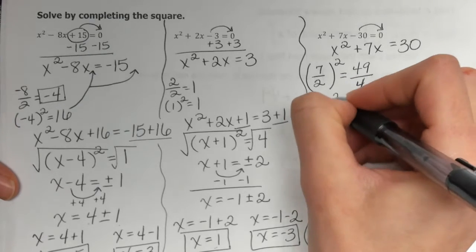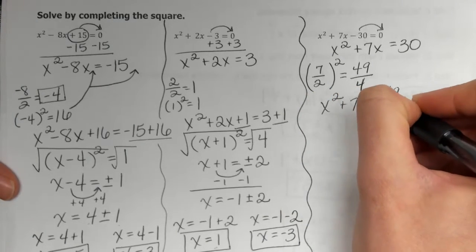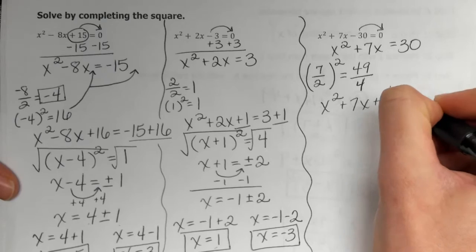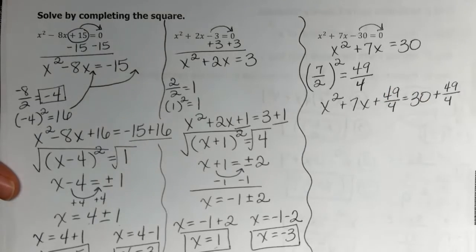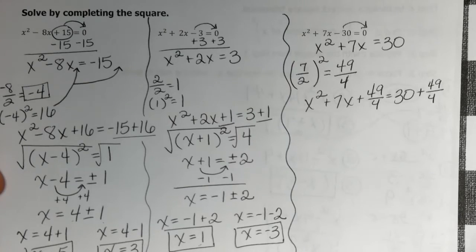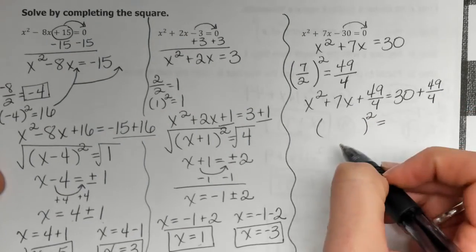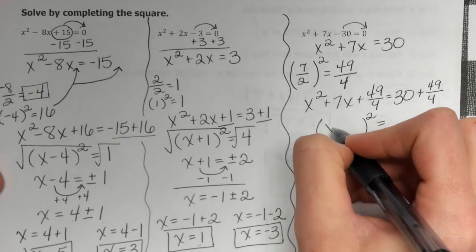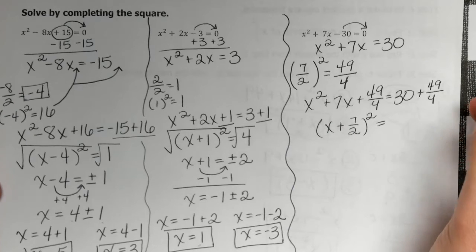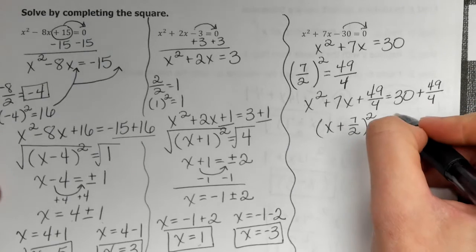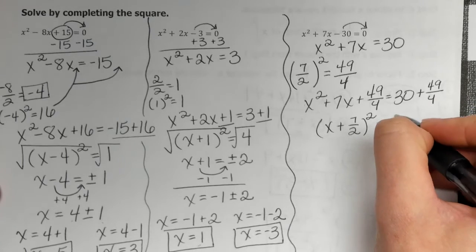Alright, so I've got x squared plus 7x plus 49 over 4 equals 30 plus 49 over 4. My factored form on the left, x plus 7 halves squared, equals 30 plus 49 over 4.